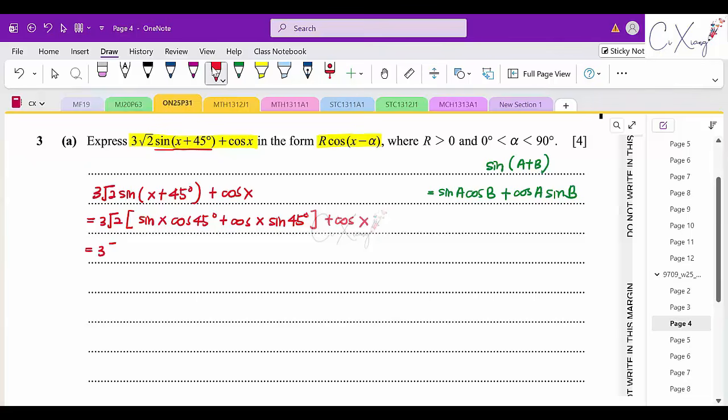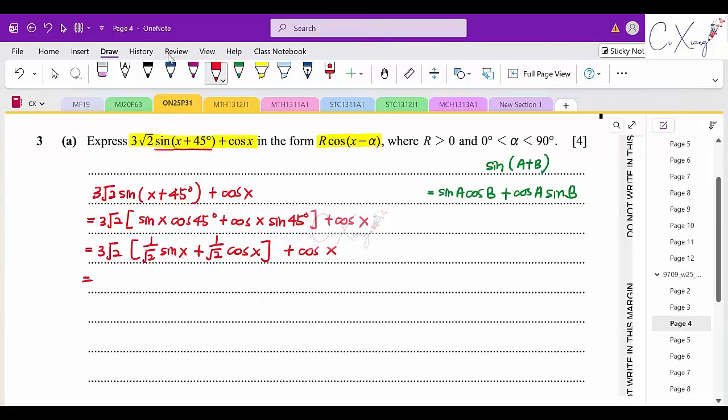Alright, so next step. You will know the value of cos 45, right? So what's the value for cos 45 here? Cos 45 will give you 1 over root 2. Maybe I just write it out, then later I simplify it. So I'm having 1 over root 2 multiplied with sine x, then plus sine 45, also 1 over root 2, multiplied with cos x, then plus cos x here.